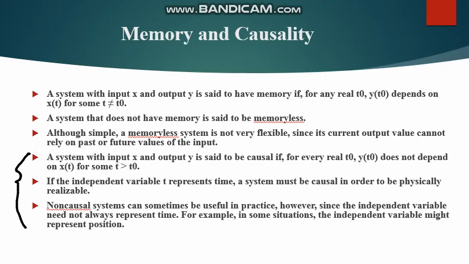A system with input x and output y is said to be causal if for every real t0, the past value or the initial value, y(t0), does not depend on x(t).